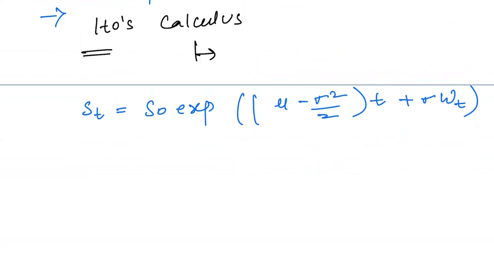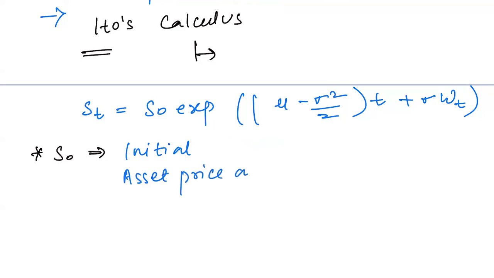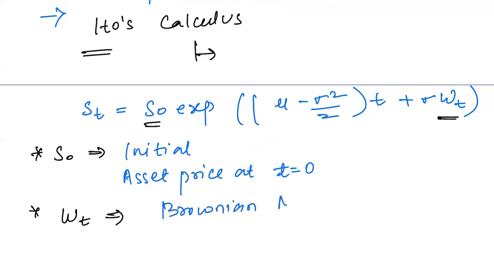So now let's understand what each term is. S_0 is nothing but the initial asset price at time 0, at t is equal to 0. Then W_T, as we all know, is a Wiener process, or we can also say it's a Brownian motion at time t.